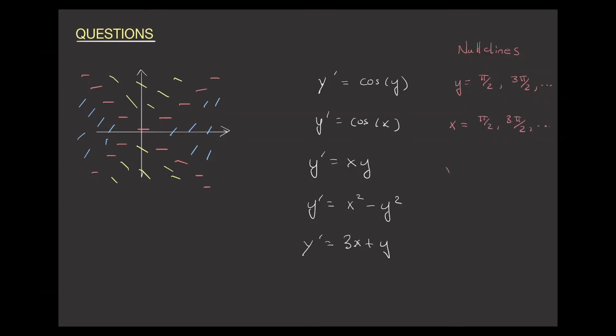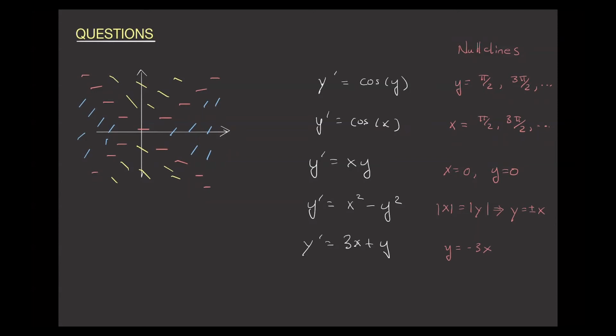Here you have that x is equal to 0 and y is equal to 0. Both places you'll have a null cline. In this case, with the fourth one, you'll have where absolute value of x is equal to absolute value of y, or in other words, where y is equal to plus or minus x. Those are really saying the same thing. And then finally, you have, let's see, where y is equal to negative 3x. And you get these just by setting each one of these equal to 0.